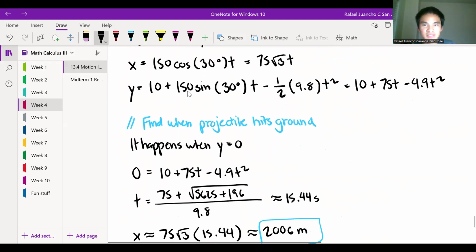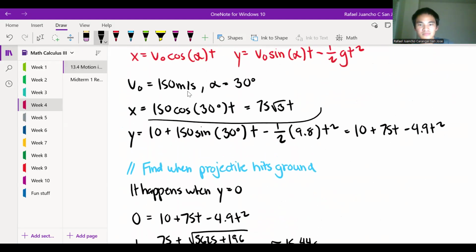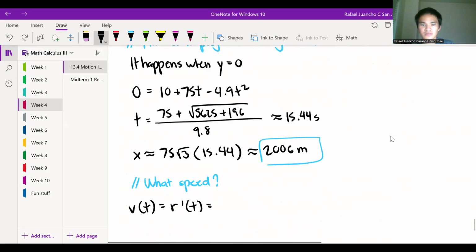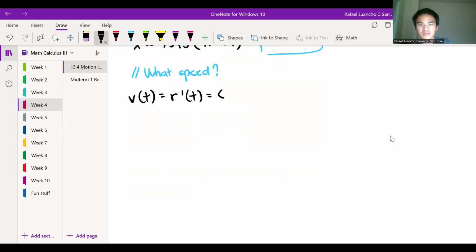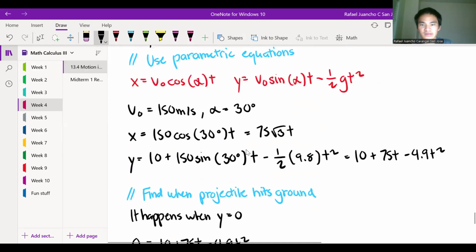Oh yeah, we have that. It's these ones. This one and this one. I'm pretty sure we just get the constants here. So if we take its derivative, well, we get 75 square root of 3 for my x.